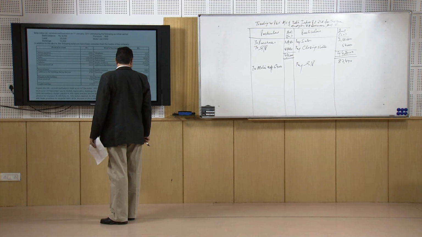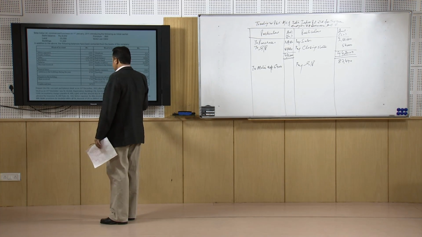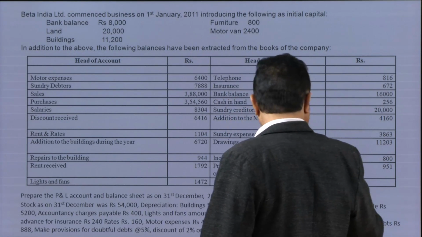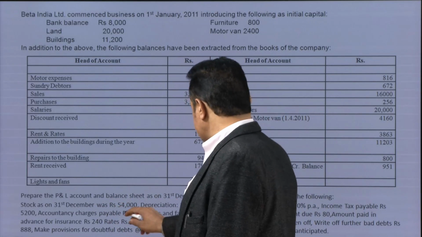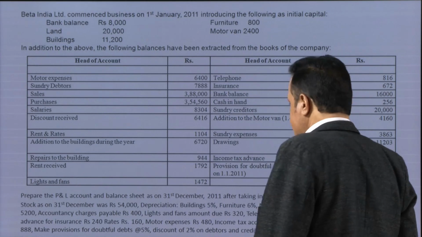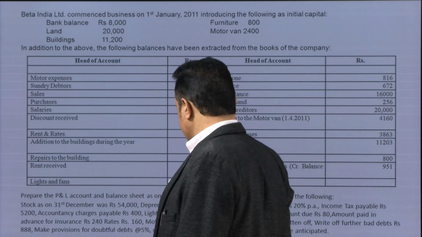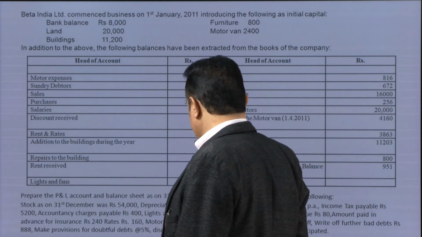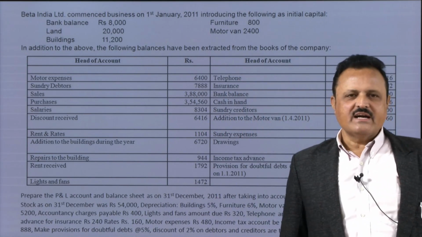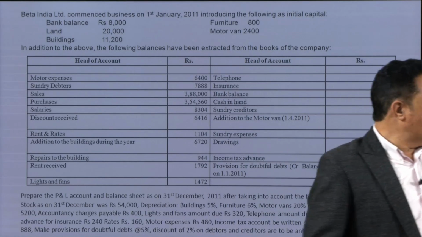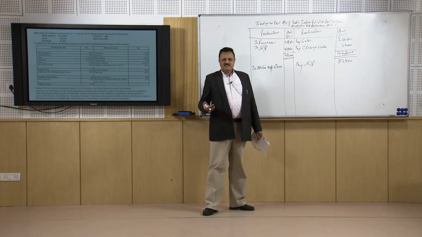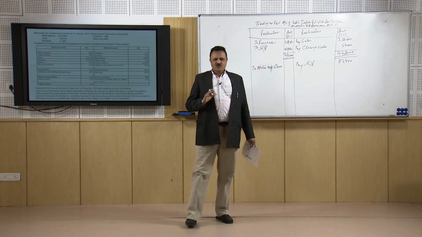What is this? Paid in advance or pending? We have depreciation, income tax payable, accountancy charges payable, telephone account due, and amount paid in advance: for insurance 240, for rates 160, and motor 480. So 480 worth of rupees are paid in advance out of it. We will have to subtract it, as expenses paid but not yet due.